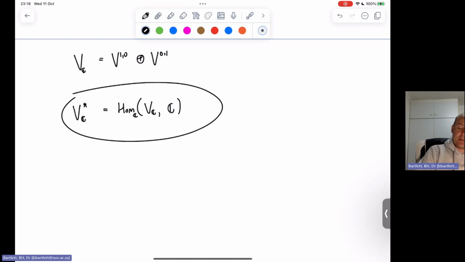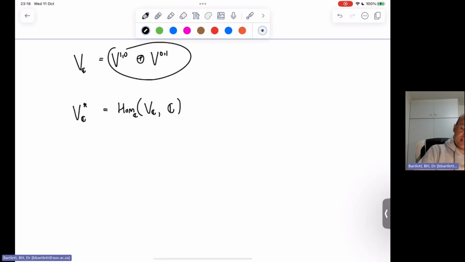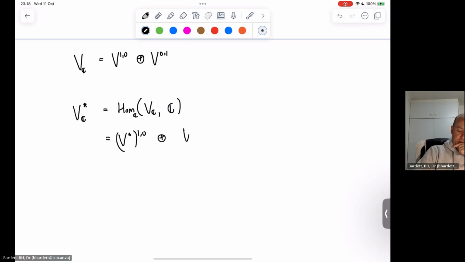So what is the dual space? Well, since the original vector space decomposed, the dual space is also going to decompose, and we can decompose it like this. I'm going to write it as a direct sum as well: V star (1,0) plus V star (0,1), with a little C there if you like.